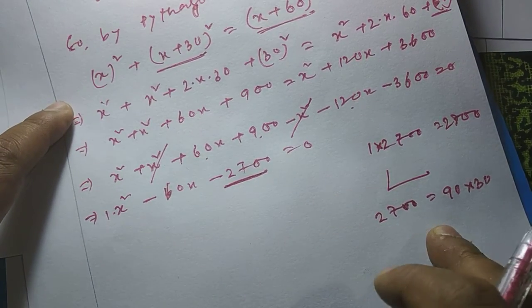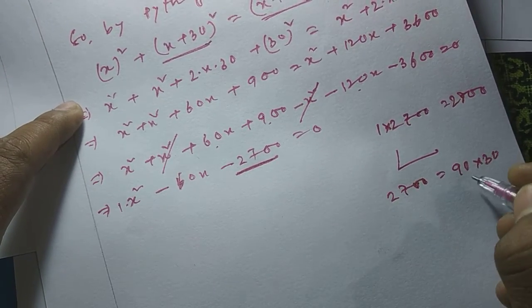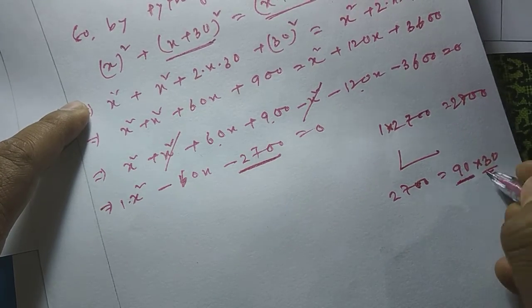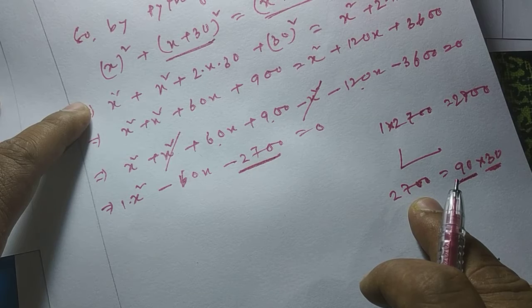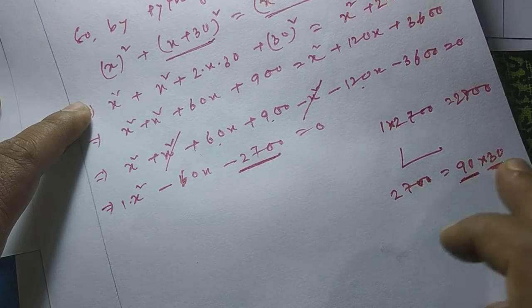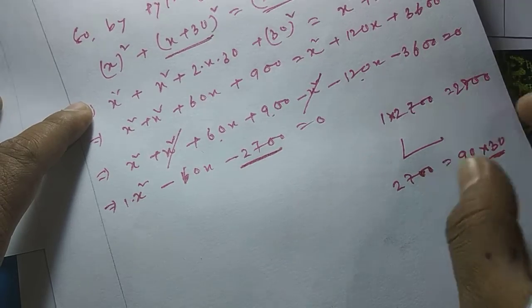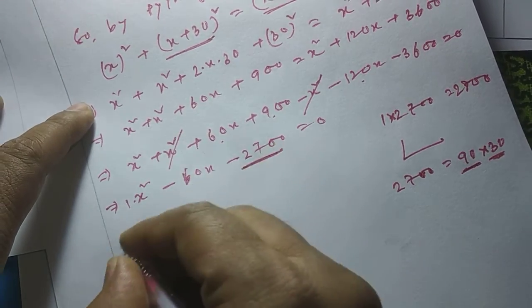You can check at home how it is split, because these two factors will be needed here. Now use these two factors to bring minus 60 in the middle.